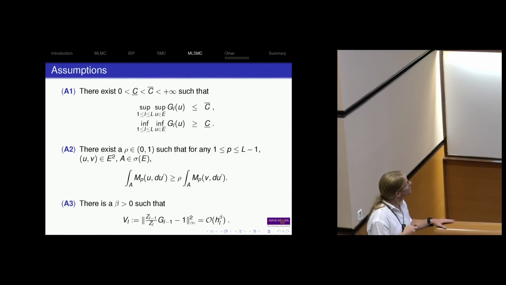Furthermore, we're going to need an estimate of this type. Again, the Z_L's are the normalizing constants with respect to level L, and this G_L is kappa_L divided by kappa_{L-1}, where the kappa_L's are the unnormalized densities.